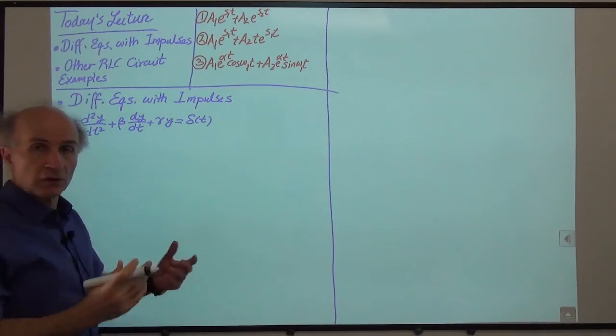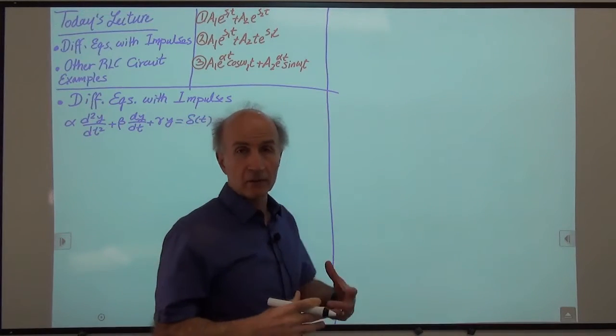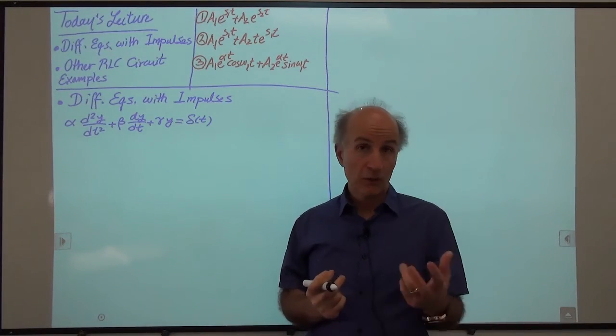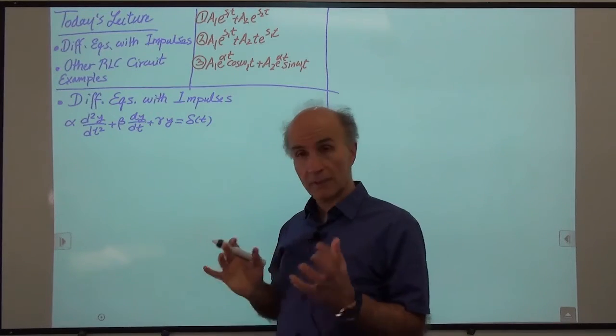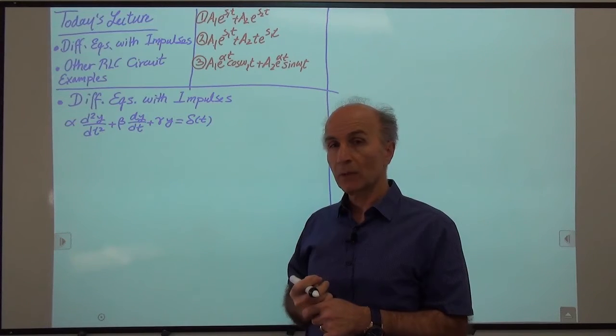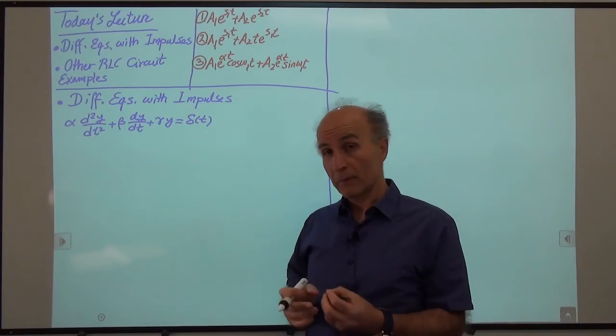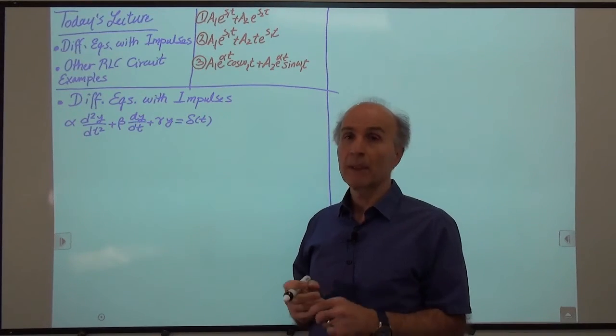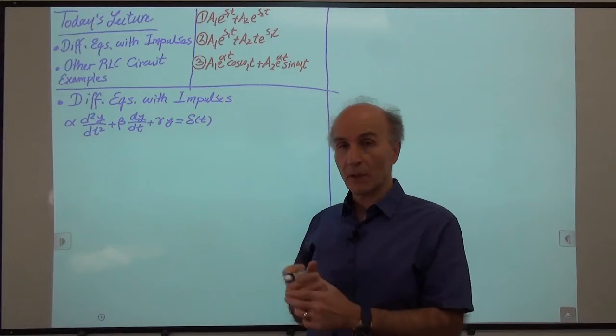This is a differential equation that I'm given, and I'm asked to solve it. I also need two initial conditions, so let's worry about those a little later. So how do I go about solving this differential equation? There are different methods. If you know the Laplace transform, that's the easiest way actually. But if you don't, we can still solve it.